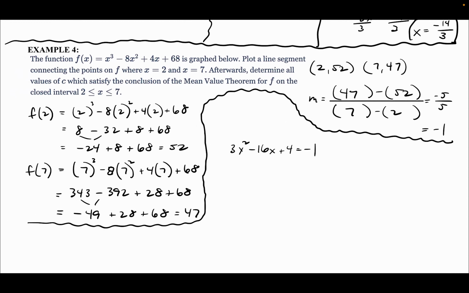So for my slope, I got -1. And then add 1 to both sides. 3x squared minus 16x plus 5 equals 0.